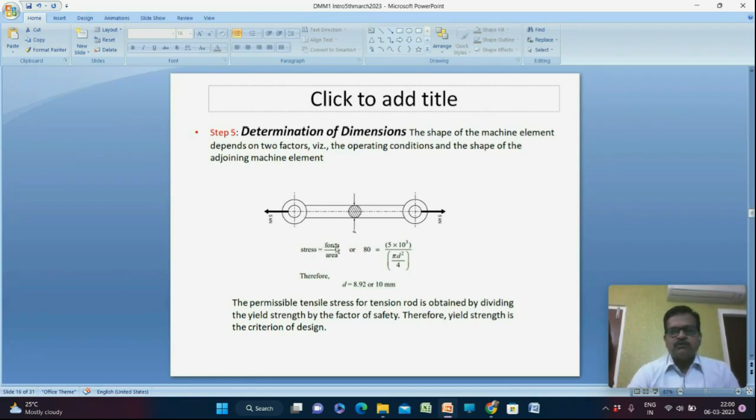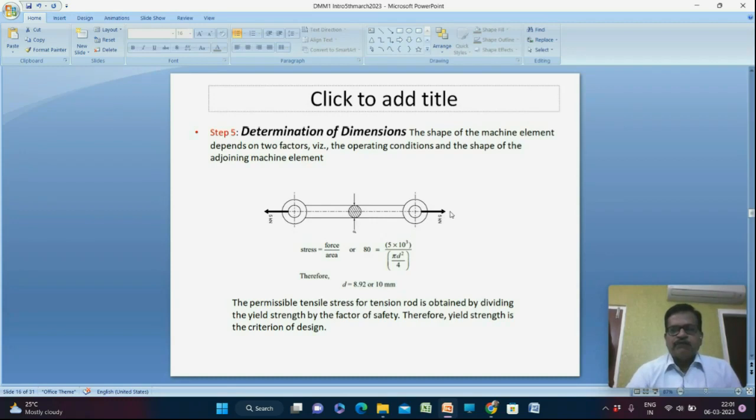Mathematically, stress is equal to force upon the area, and let us say the material of this bar has an allowable or working stress of 80 MPa, and the force applied is 5 kilonewton, that is 5000 newton, divided by the cross sectional area, which is a circular cross section. So pi by 4 d square is the area, from which you can find out the diameter. Diameter is 8.92, which we round up to 10 mm.